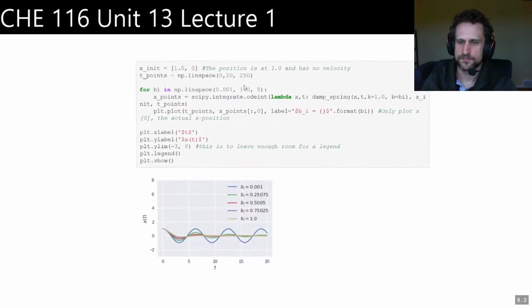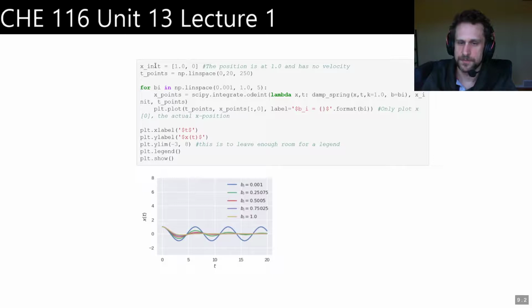So just as a little example here, I'm doing a for loop and looking at different B's. In the plot before I had 0.1, here is showing as I change B, how does that affect the dampening of the spring? Notice with a B of 0.001, it doesn't really dampen at all. With a B of 1, it dampens really quickly, and a B of maybe 0.25, it goes up.